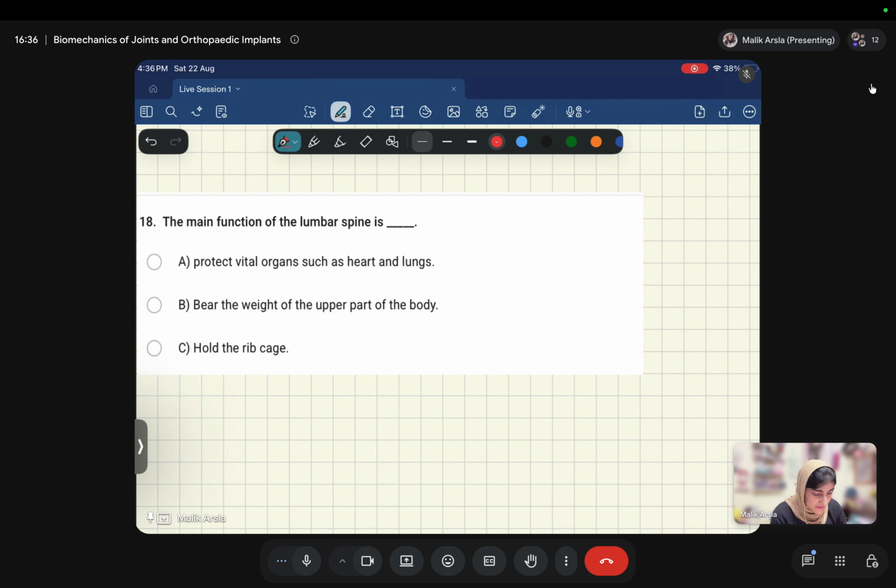It also contributes to the stability of the spine, and it protects the nerves which are present in the spine. So B is the correct option here.